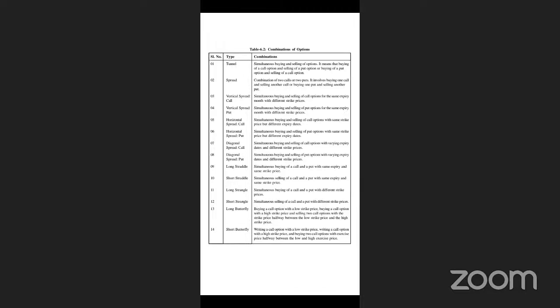Whereas in horizontal, call options with same strike price but different expiry dates. So long strangles, short strangles, long butterfly, short butterflies. All these are the various types and combinations of options.